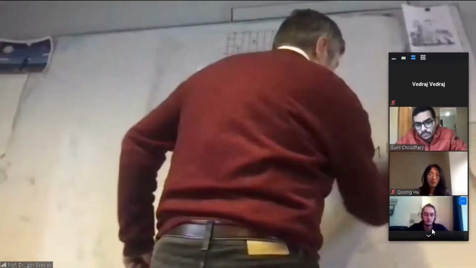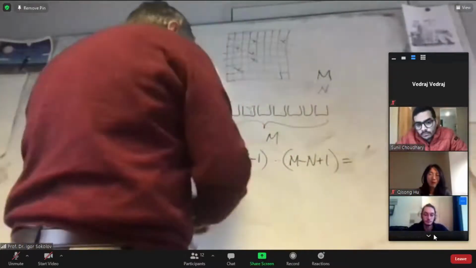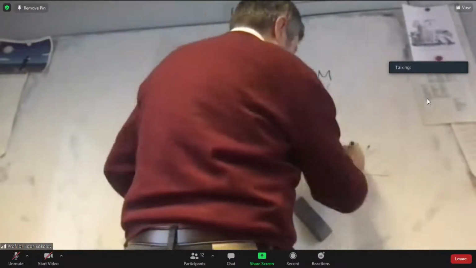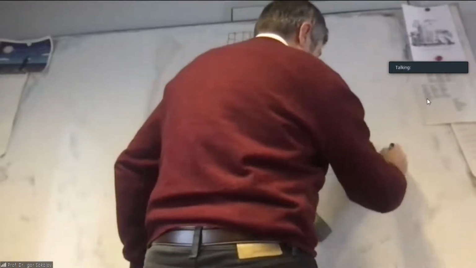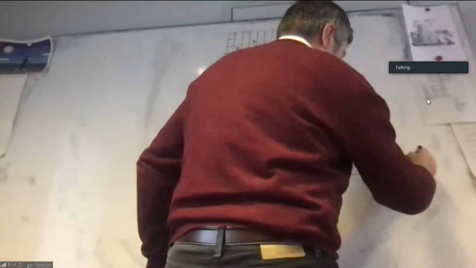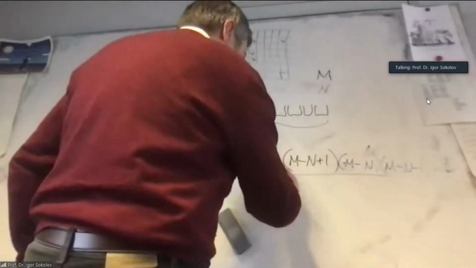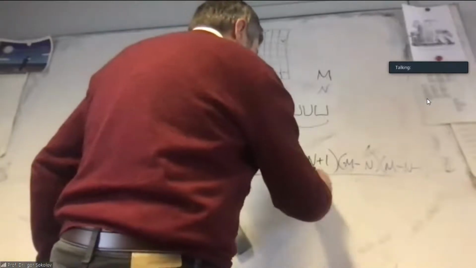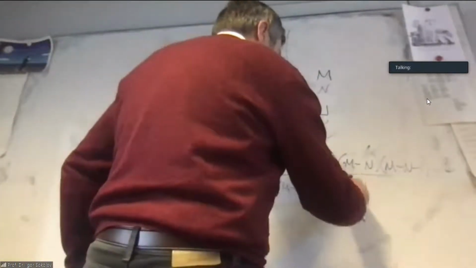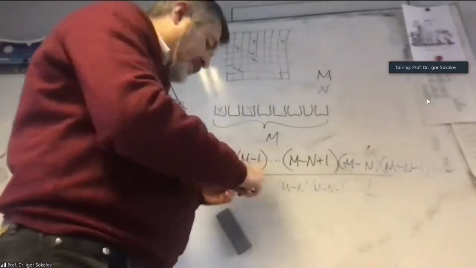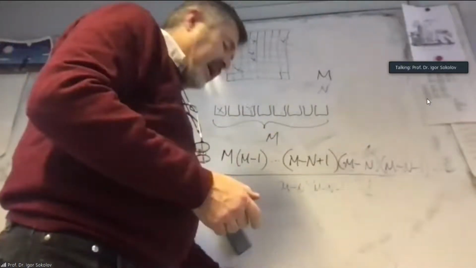So what I do, look, I put here the following. Now this is the number of corresponding configurations for the case when the objects are numbered.